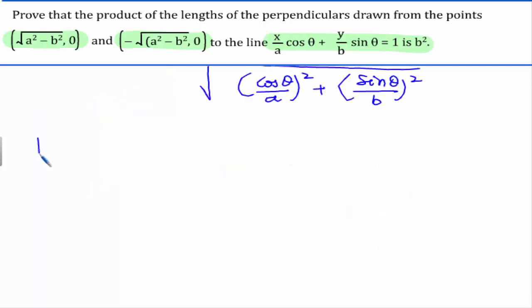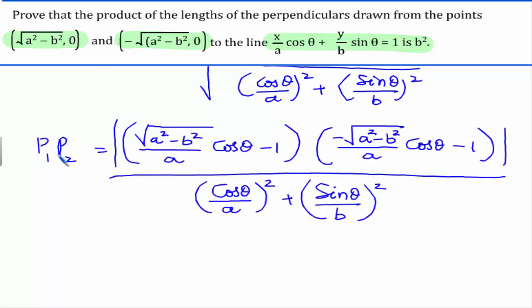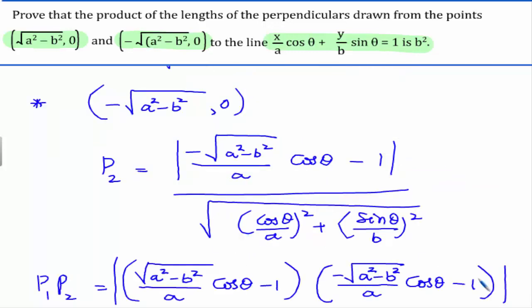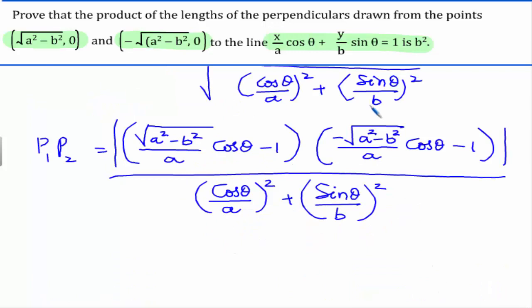And now we have to find out the product of these two. So the product of the two distances is (square root of a square minus b square by a cos theta minus 1) into (minus square root of a square minus b square by a cos theta minus 1). And here both denominators have the square root, so when you multiply both, then the square root gets eliminated.